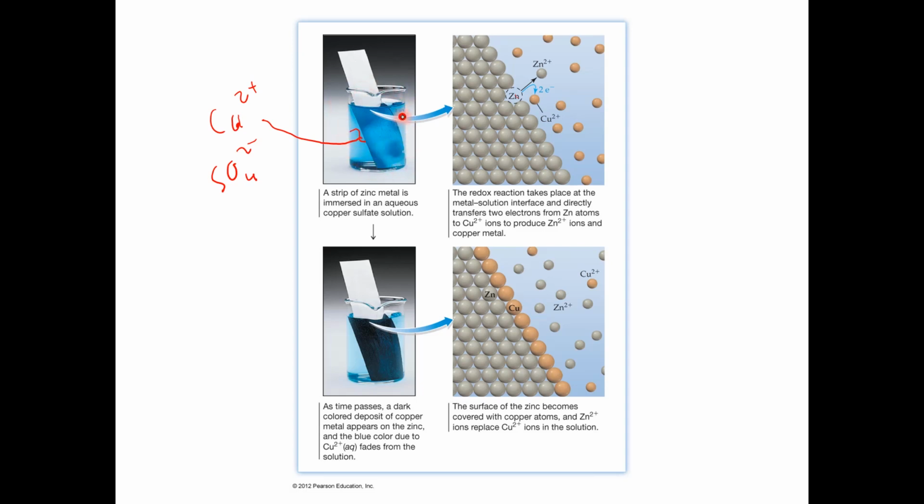And if you look at our metal down on the bottom here, you can see a darker color on the bottom of this metal that's been in solution. That's where the copper has actually plated this metal zinc that we had. So you get a dark copper color on there.